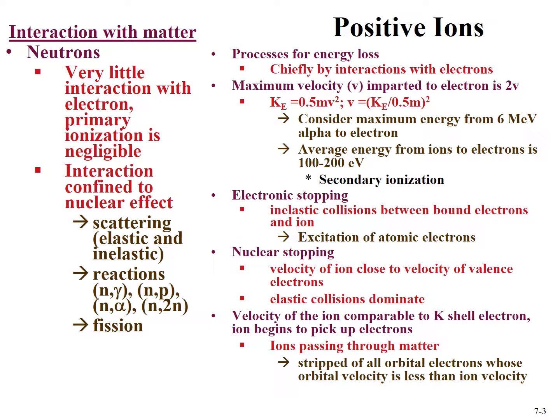And we've also discussed the influence of velocity. When the velocity of the ion is comparable to the K shell, the ion will begin to pick up electrons. So something passing through matter will be able to pick up electrons once that particle's velocity is on the order of the K shell electron. This is going to have an influence on particles interacting with different types of matter.